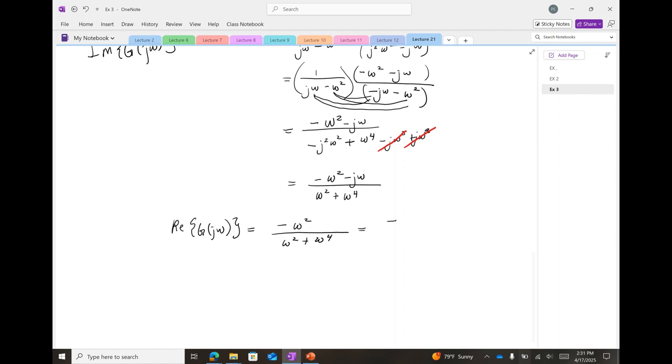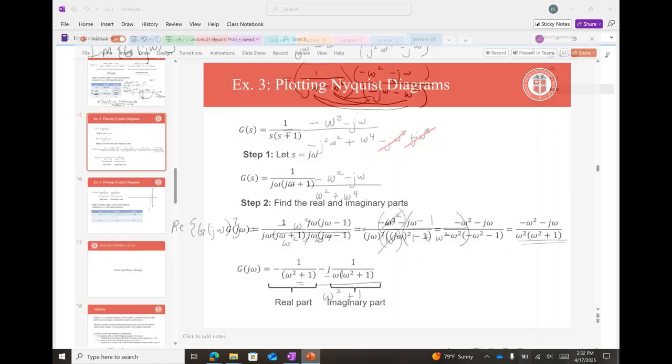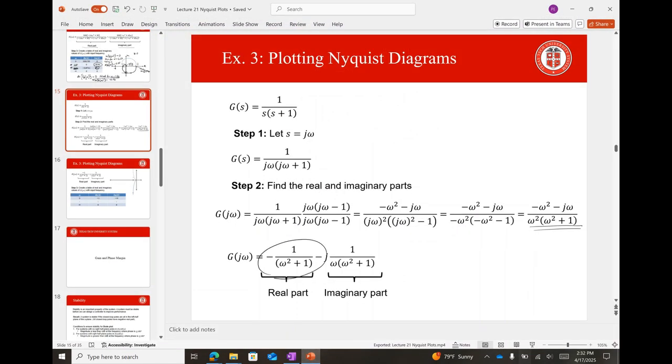If we pull out omega squared, we get minus 1 divided by omega squared, 1 plus omega squared. So these will cancel, and for the real part we're left with negative 1 divided by omega squared plus 1. So that's where this is coming from.